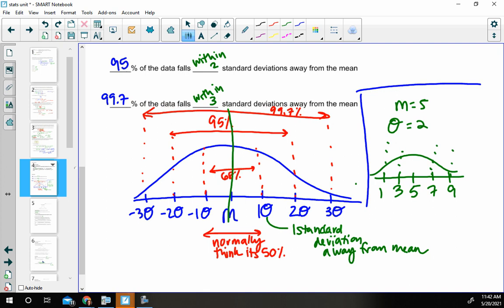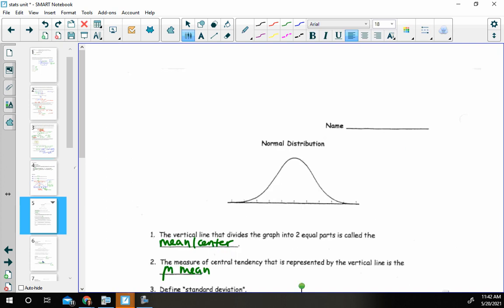All right, so once you have that, flip to the next page. I think the next page is filling in a bunch of stuff again. I don't know how much I wrote on this one, so we'll see. All right.